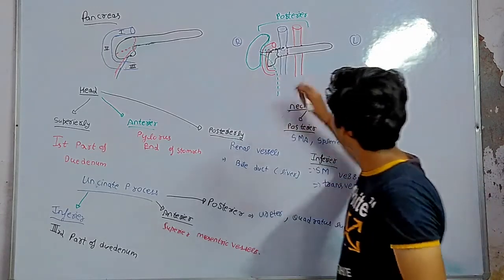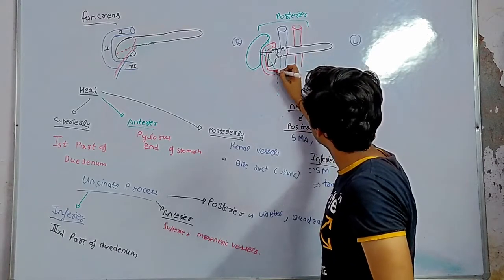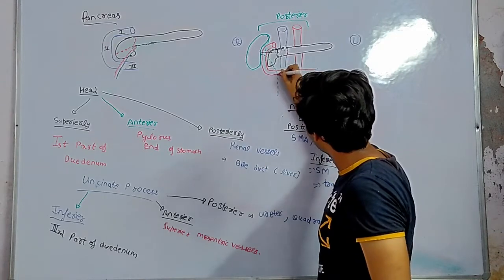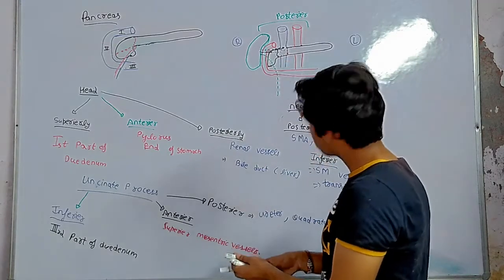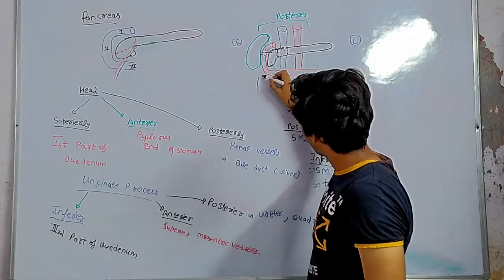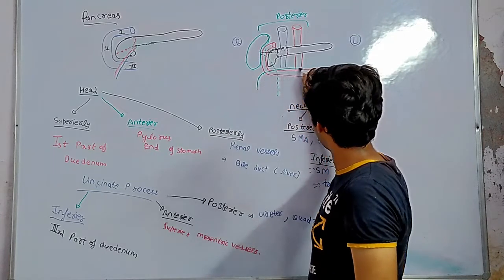Let's say these are the vessels continuing, and this is the duodenum continuing. Then the transverse colon is present like this, anterior to the duodenum.